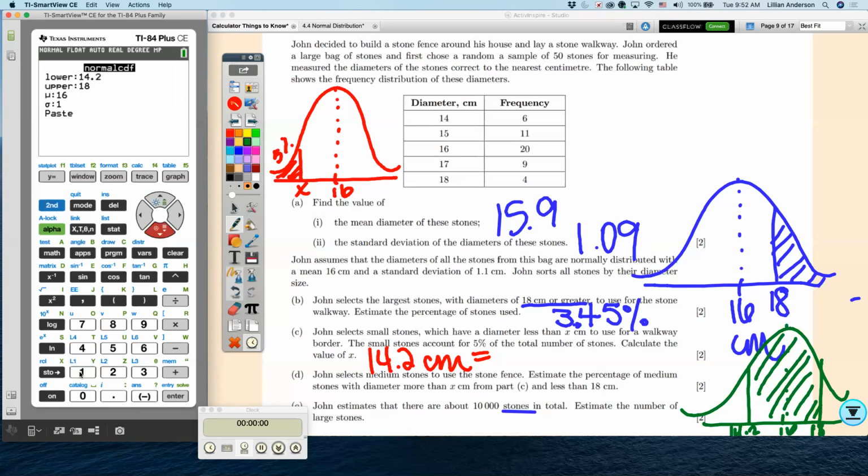A percentage, AKA a probability. That's what normal CDF does. It finds a probability. I forgot what the long number was, otherwise I would use that instead of 14.2. But that is the probability of it being a medium stone.